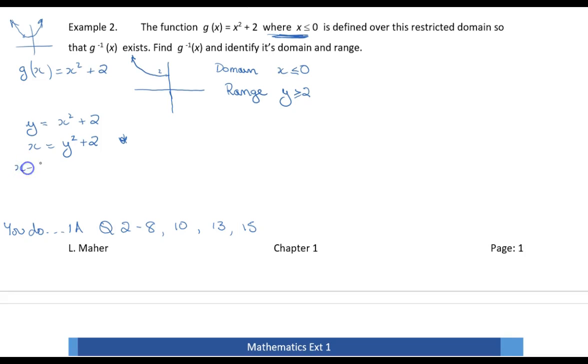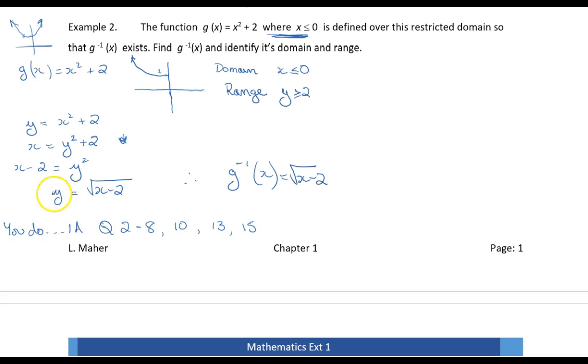We make y the subject because we write our equations in terms of y, and we take the square root of both sides to make y the subject: square root of x minus 2. Therefore, g inverse of x becomes square root of x minus 2.